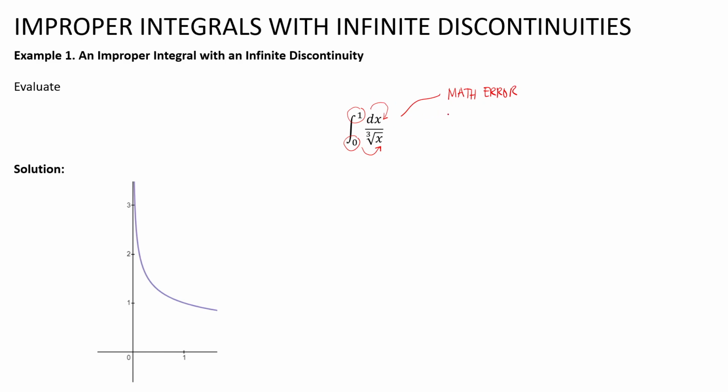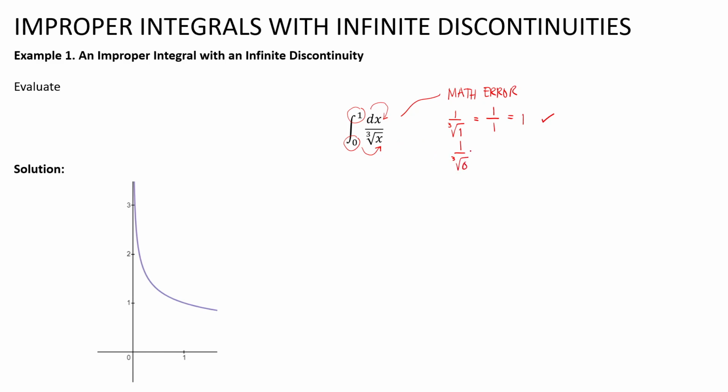So let's say I'm going to plug in 1, so this will give me 1 all over cube root of 1. So this will give me 1 over 1, which is equal to 1. So meaning the limit exists, right? So what if I'm going to plug in 0? So 1 all over the cube root of 0.